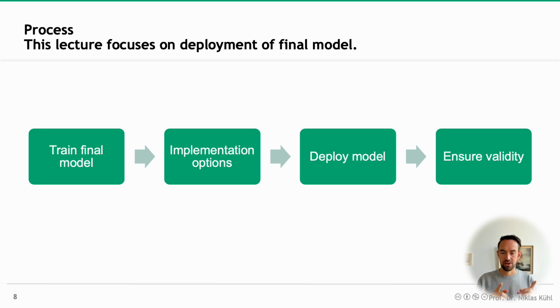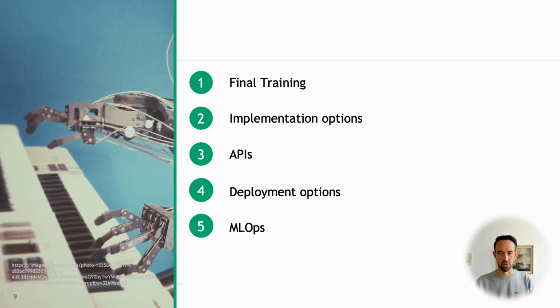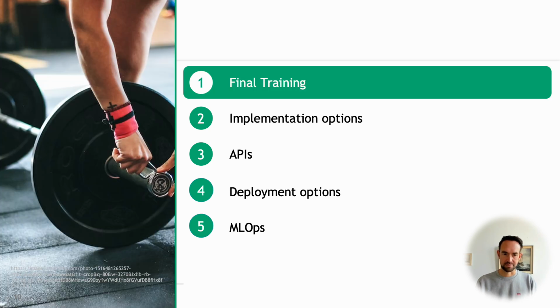Once you've done that, you have to decide on the implementation option that you want to use, and then finally deploy it, and then again ensure its validity, which is something that we'll cover in the concept drift lecture. So let us first dive in and look into the final training.